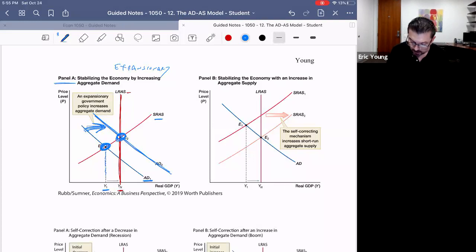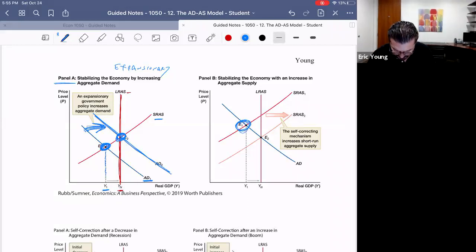Now, there's also the self-correcting case. Here's how that would play out. Okay, we haven't done this before, so let's take the step-by-steps. Let's assume that we have this recessionary gap. Suppose that we're right here.